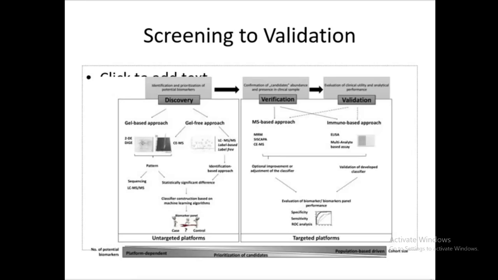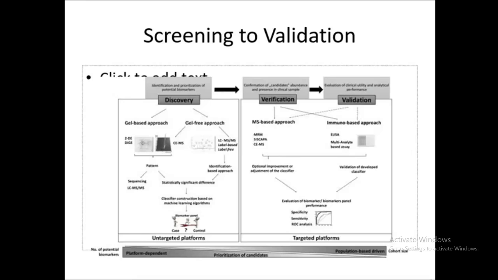So, as you see on the left-hand side, discovery is that exploratory approach, identifying components that look unique to the disease. You then take it to verification, where you may use a very sensitive method such as MS to identify and quantify the biomarker of interest. And when you get to the step of validation, this is where immunobioassays come into their own.